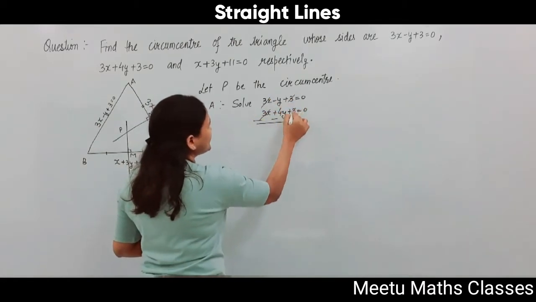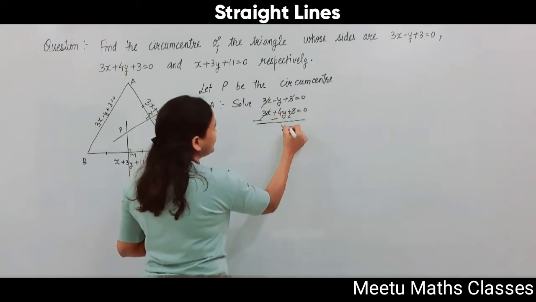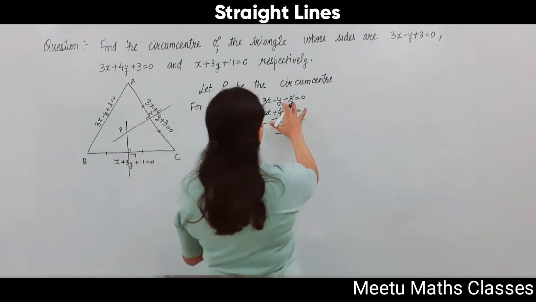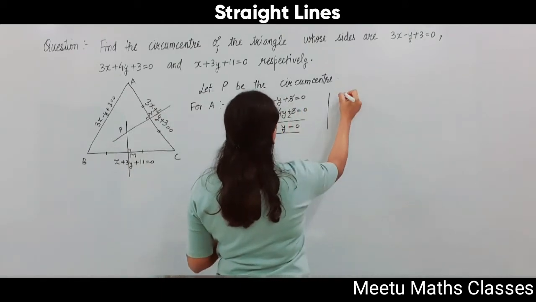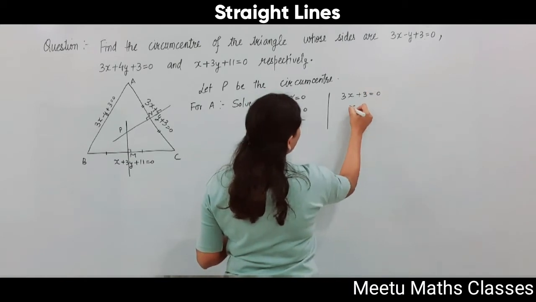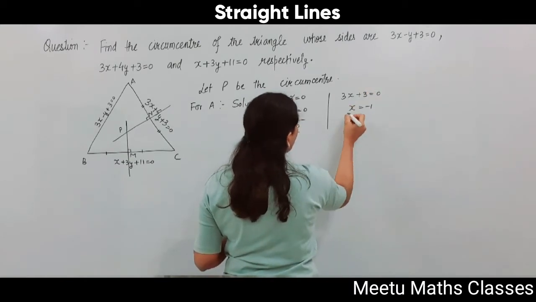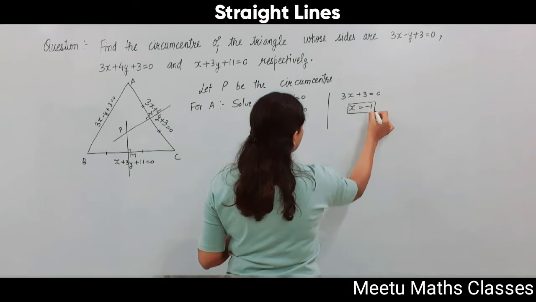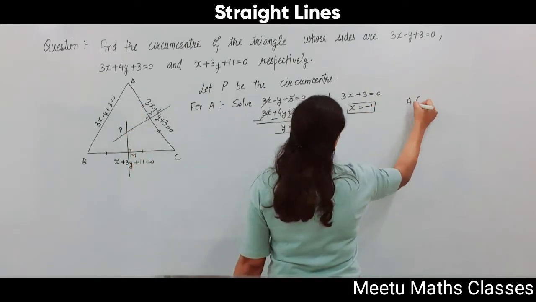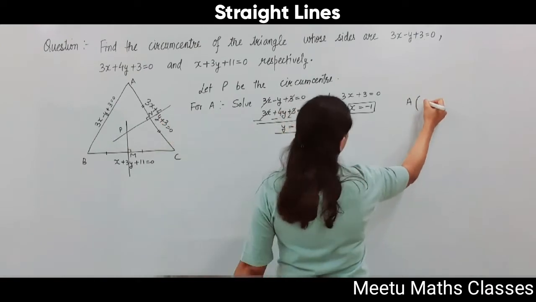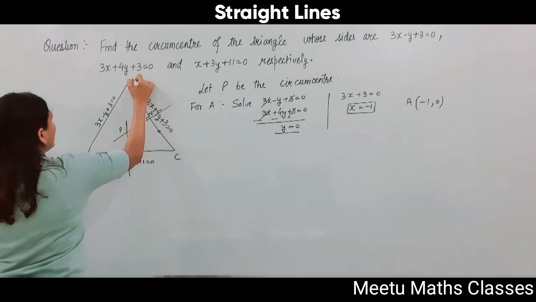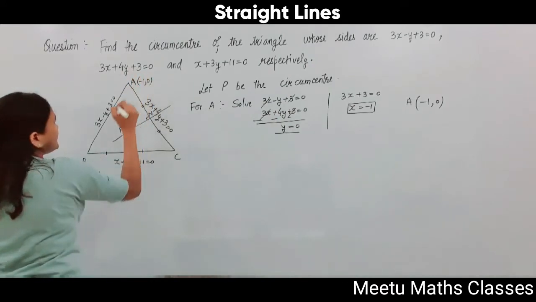This will cancel out, this will also cancel out, and we will get y is equals to 0. और y अगर आपका 0 अगर आप किसी भी इक्वेशन में पुट करते हैं, then 3x plus 3 is equals to 0. x will come out minus 1. So the coordinates of point A is minus 1, 0. So let us take this point A as minus 1, 0.